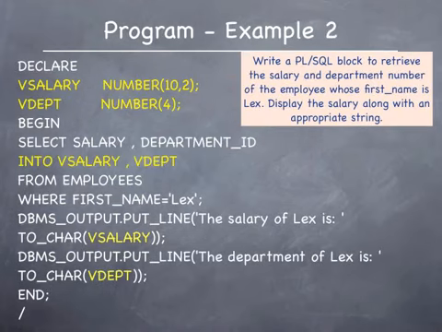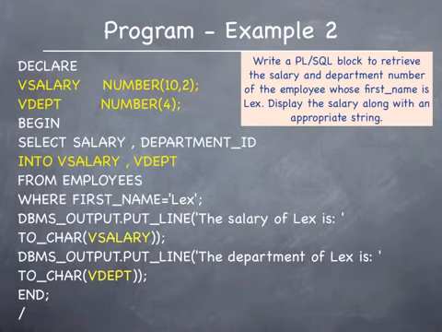On this slide is another example. The program is to write a PL SQL block to retrieve the salary and department number of the employee whose first name is Lex. The salary and the department ID values are then displayed on the screen with appropriate strings. For the two columns, there are two memory variables being declared called vSalary and vDEPT.